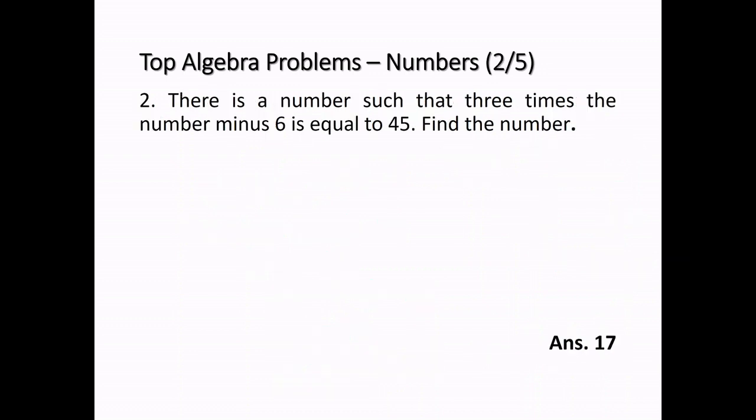Okay, the second problem: there is a number such that 3 times the number minus 6 is equal to 45. Find the number. As I said earlier, one sentence can be expressed in mathematics as one equation.